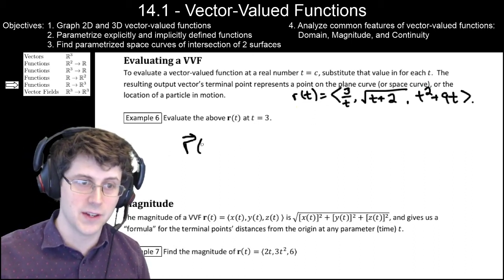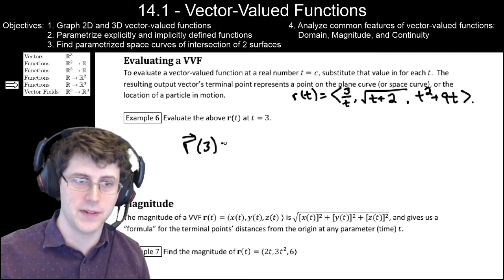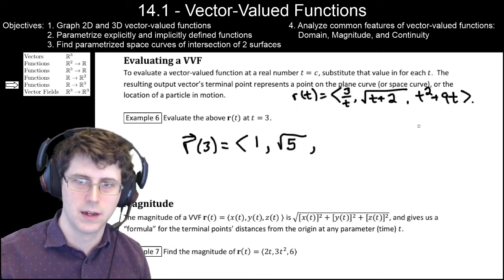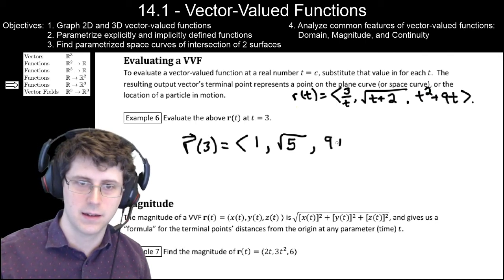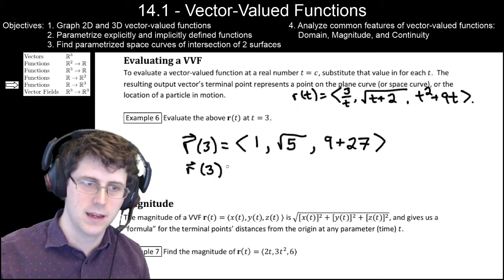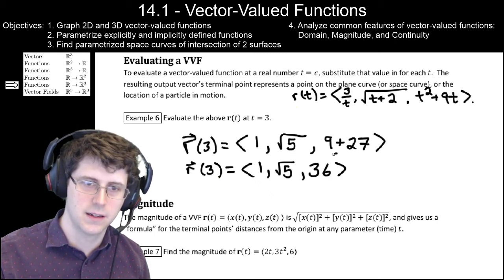And that tells you the correct notation, which is that r of 3 is 3 over 3, square root of 3 plus 2, and 3 squared plus 9 times 3. So r of 3 is the vector 1, square root of 5, 36.